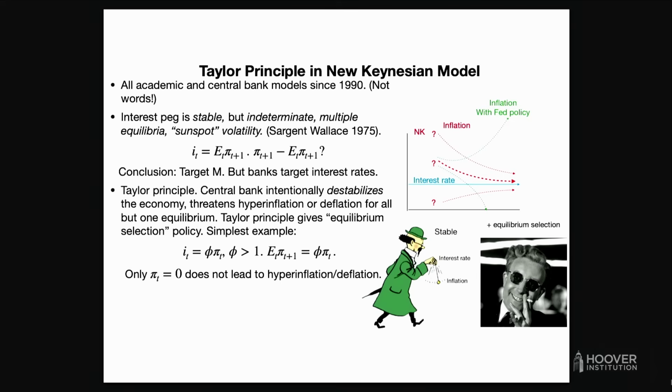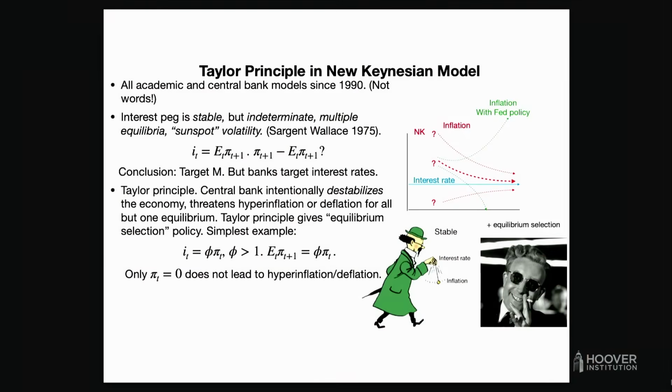There are multiple equilibria. If you go to any equilibrium other than the one I like, I blow up the world with hyperinflation. So you jump to the equilibrium I like. It gives you determinacy out of an indeterminate model. The equation is the simplest one right there: i = phi pi. Add it to i = E_t pi_{t+1}. Therefore, E_t pi_{t+1} = phi pi_t. By setting phi greater than 1, you induce instability for all but pi = 0, and then we jump to the equilibrium you like.